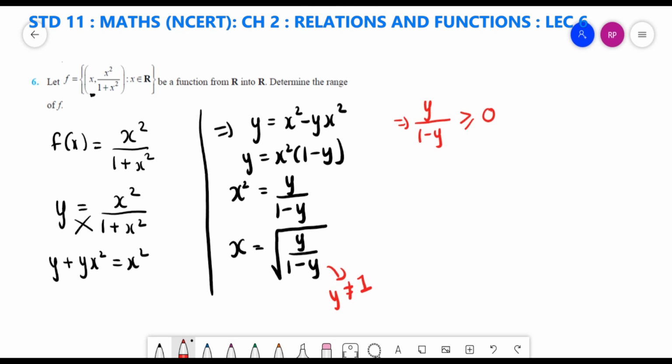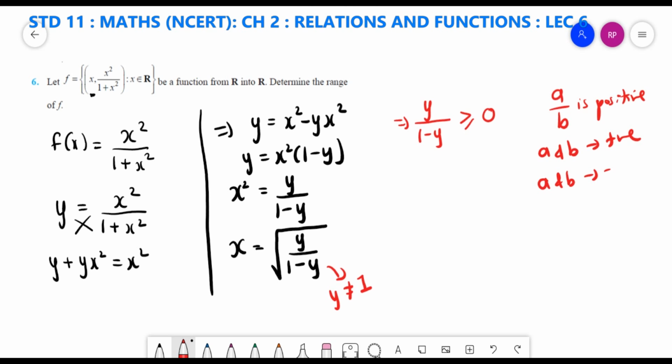Clear? So now, if I say a by b is positive, what does that mean? Either a and b both are positive or a and b both are negative. Because if both are negative, then the minus signs get cancelled in the numerator and denominator, so the final answer will be plus, or else both will be positive.